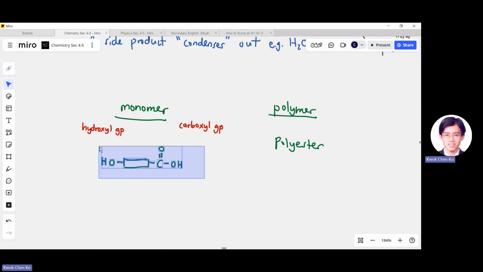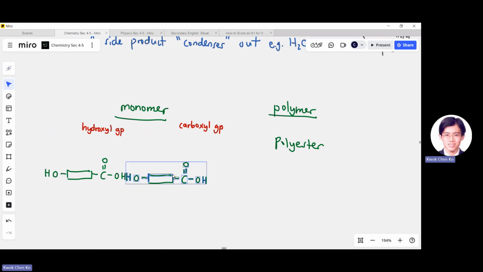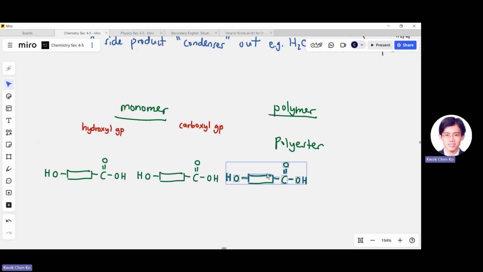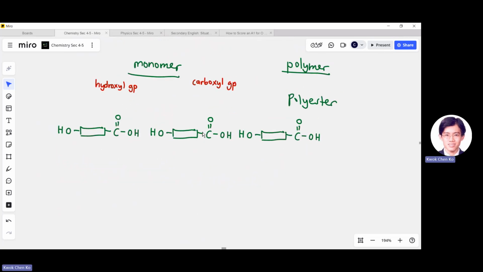So if I put two of them side by side, this is going to happen. For that matter, three of them side by side. Try to work carefully. This H will come out. This OH will come out.